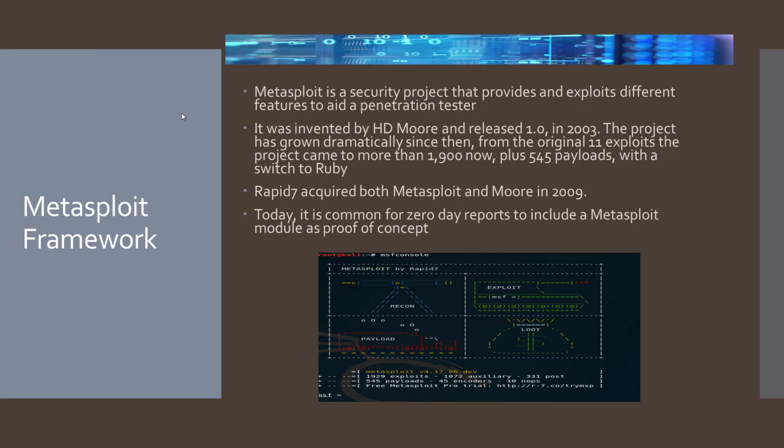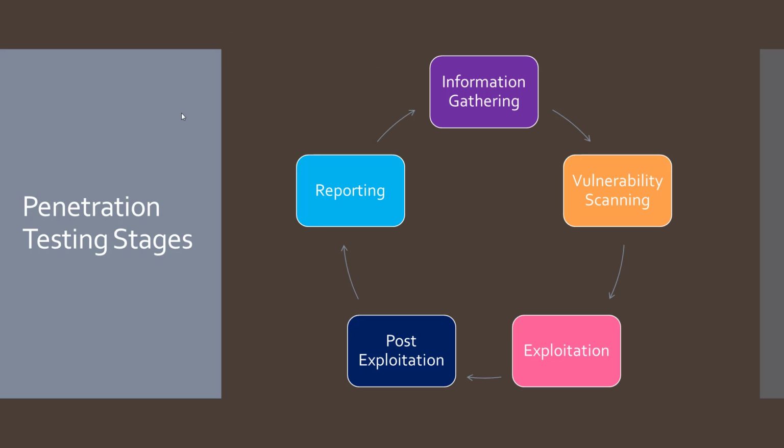The project has grown dramatically since then, from the original 11 exploits to more than 1900, plus 545 payloads, with a switch from Perl to Ruby. Rapid7 acquired Metasploit back in 2009. Today, it is common for zero-day repos to include a Metasploit module as proof of concept.